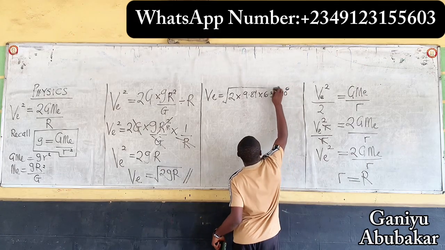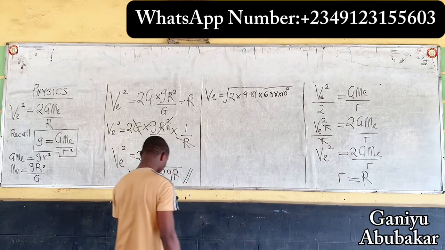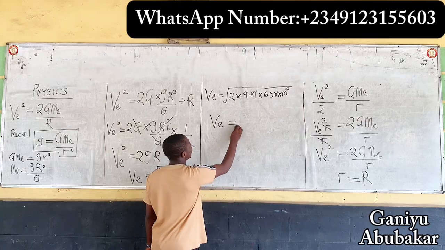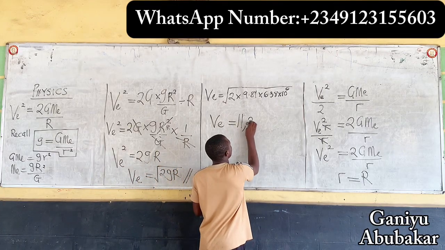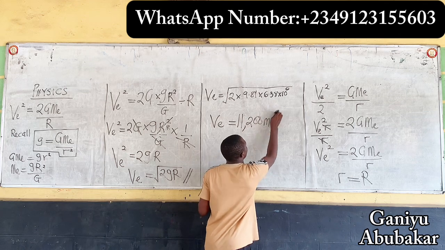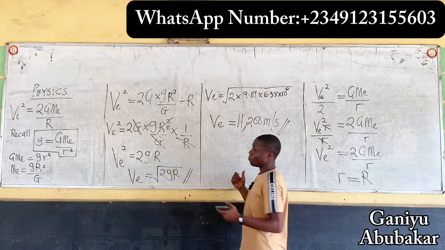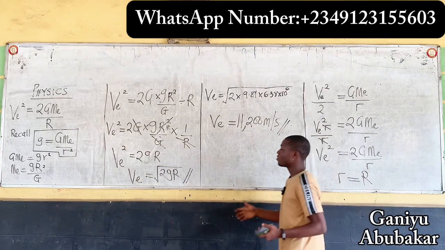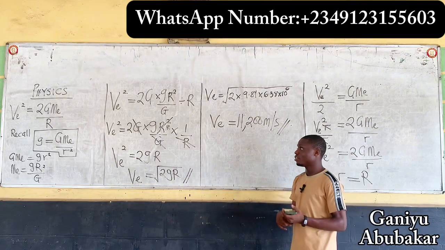That's your radius of Earth. So multiply this together. I shall have that Ve is equal to, my answer should give me about 11,200 meters per second. This is my value for escape velocity, right? So this is the formula for escape velocity, and this is the value for escape velocity.